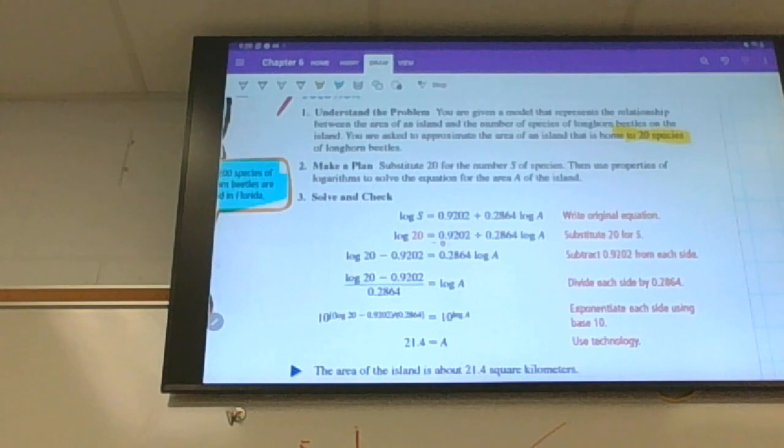Here they subtracted the 0.9, and then they divided 0.28. But this is what's brand new to you. It's after that. They say they're exponentiating each side using base 10. So they do a big base 10 on both sides, and that cancels things out, and they figured out the area of the island is 21 square kilometers.